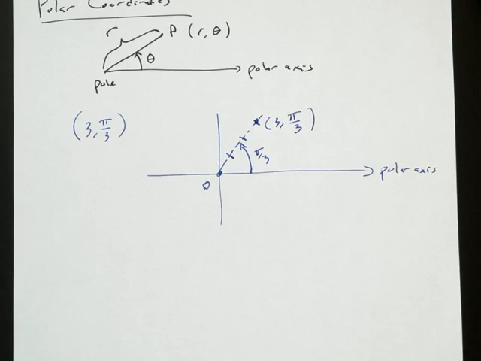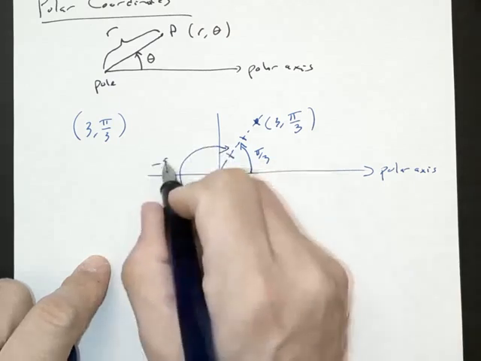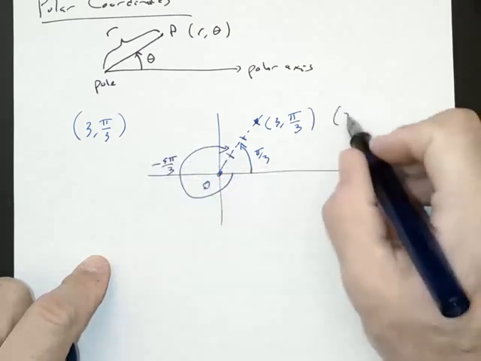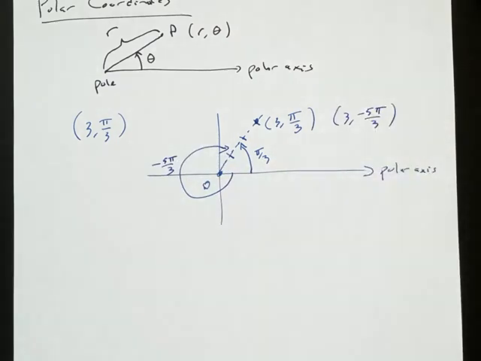But I can give you another set of coordinates that land in the same spot. What's another angle that's coterminal with that ray? Both of those sets of coordinates describe exactly the same point.